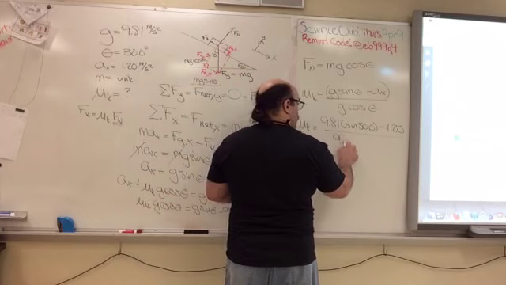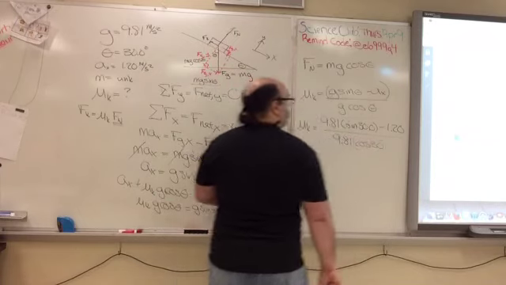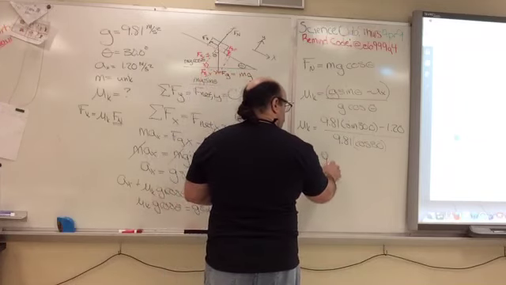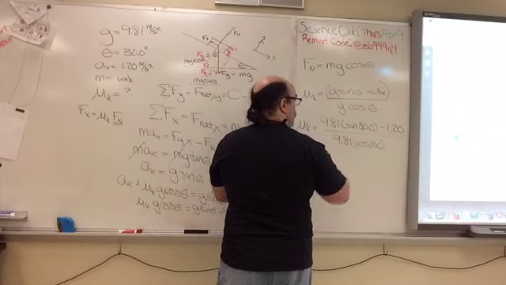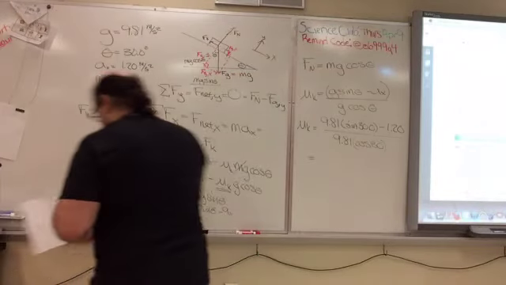And this is going to be over 9.81 times the cosine of 30. Well, this is simply equal to then 9.81 times the sine of 30. That should be 1/2. So I get, sorry, I've already calculated this.